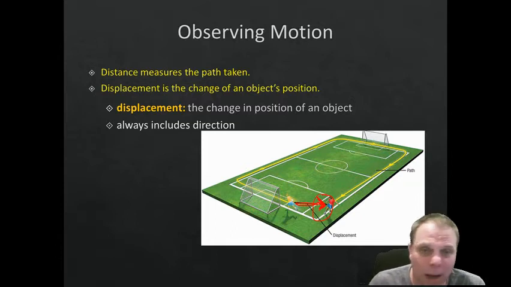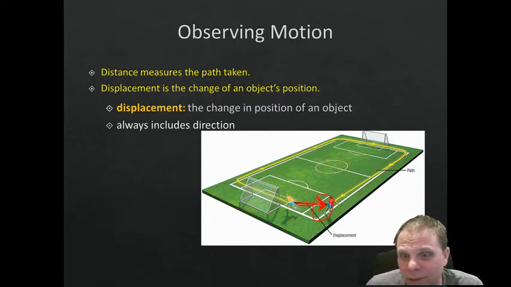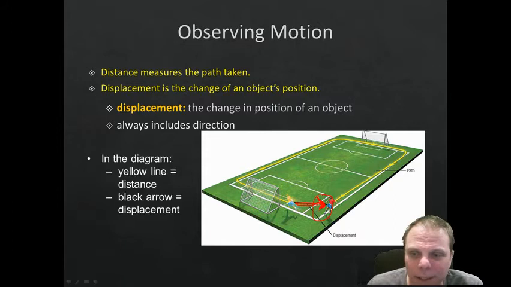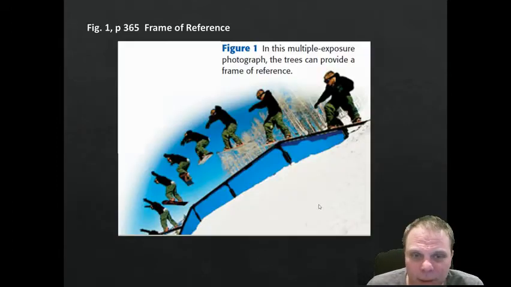So when we talk about displacement, we want to talk about the direction. Distance isn't necessarily going to have that, right? It's talking about the path, but it might not necessarily have a vector, which we'll talk about a little bit later. All right, so the yellow line is distance, and the black arrow is displacement.